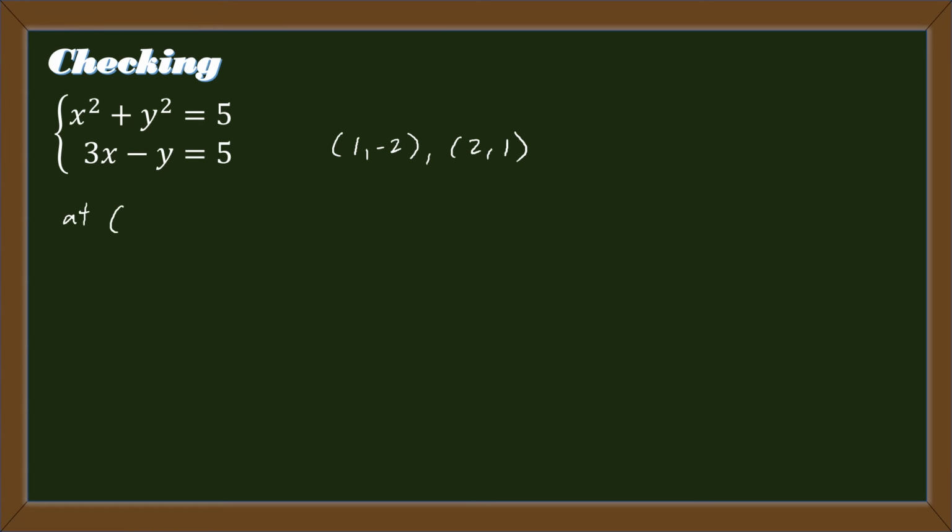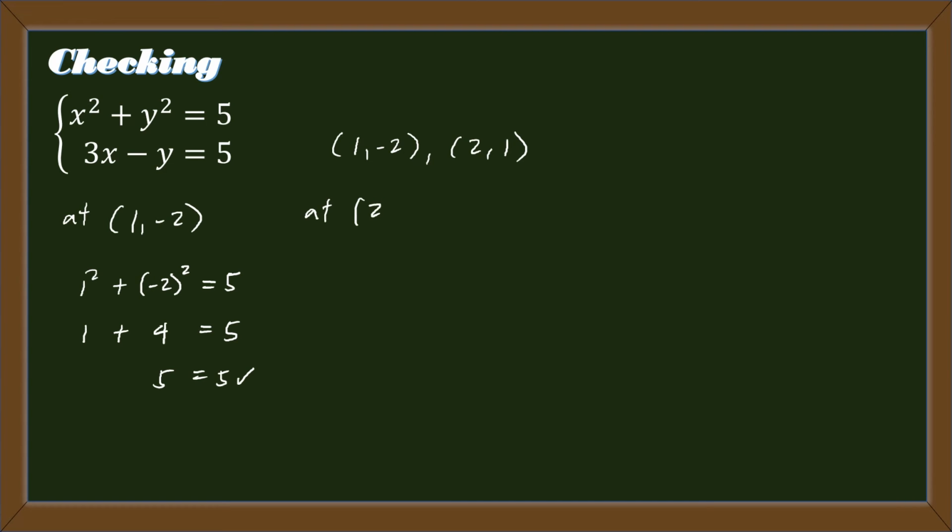Let us begin with the ordered pair 1, negative 2. So we have 1 squared plus negative 2 squared is equal to 5. 1 squared is 1, negative 2 squared is 4, then 1 plus 4 is equal to 5. 1, negative 2 is indeed a solution to the system of nonlinear equations.